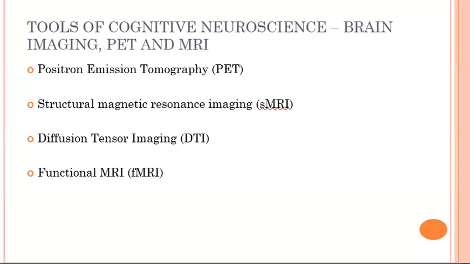There's also diffusion tensor imaging, or DTI, and that's a variant of structural MRIs that focus on myelinated axon pathways in the brain. DTI imaging is highly sensitive to the movement of water molecules in the brain.